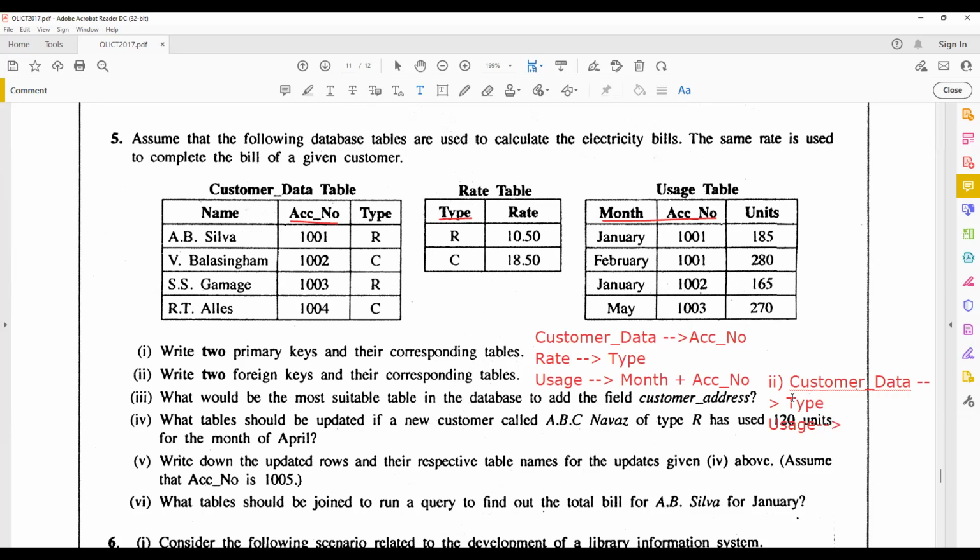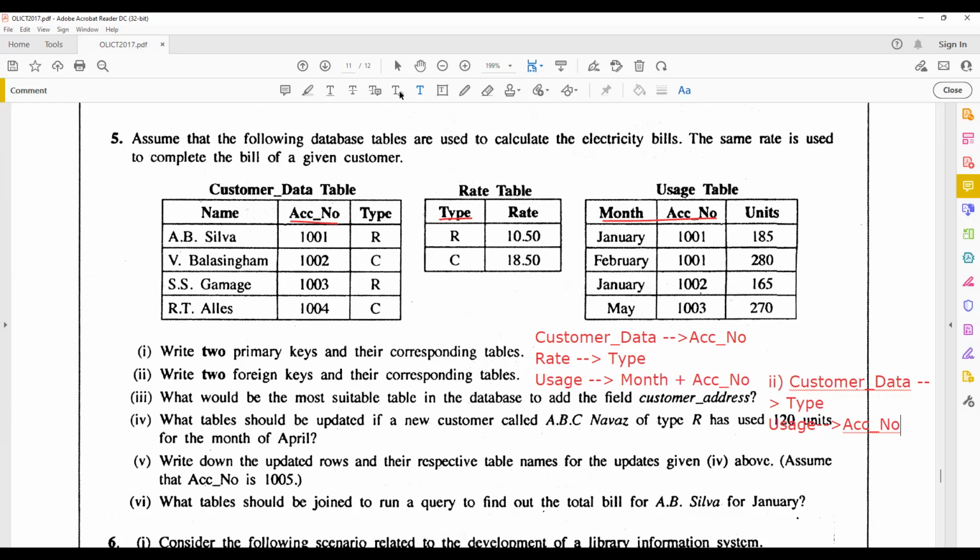Amasha, what was the foreign key in usage? Yes, account number. If you look, you can see account number is common with the customer data table, and it will connect to the primary key of the customer data table.